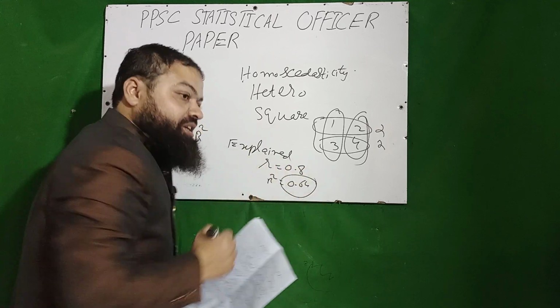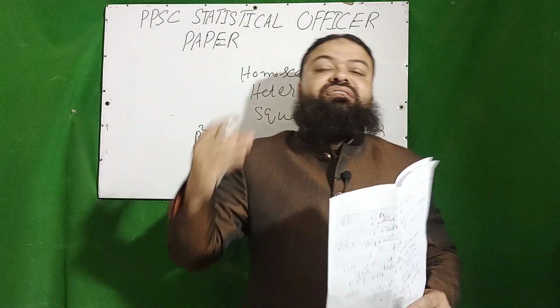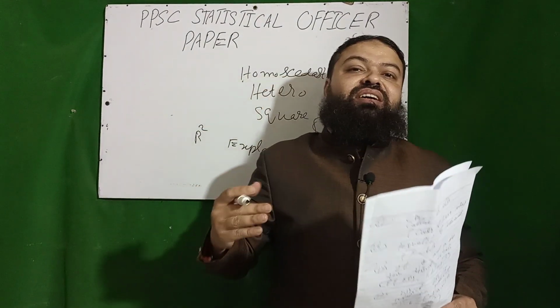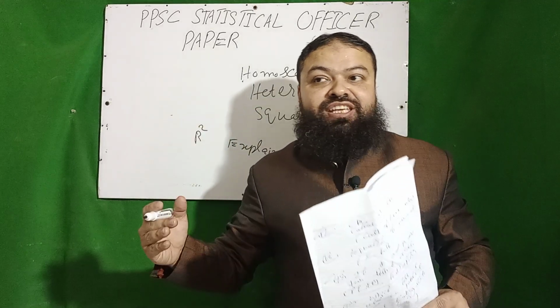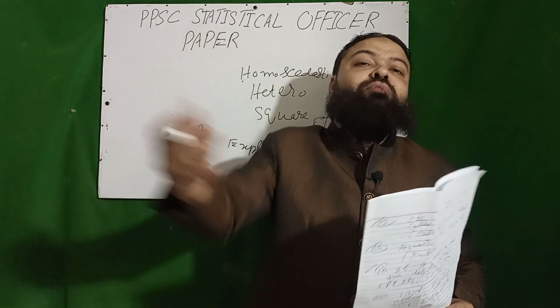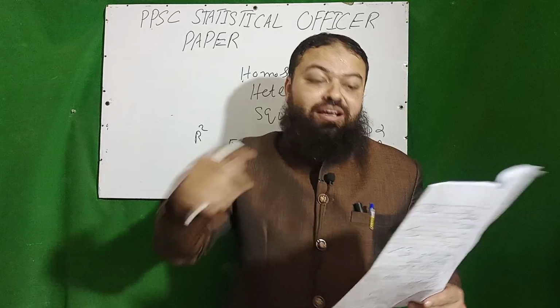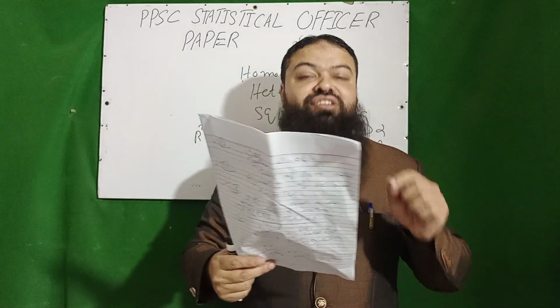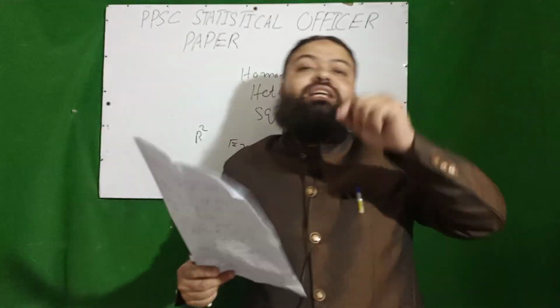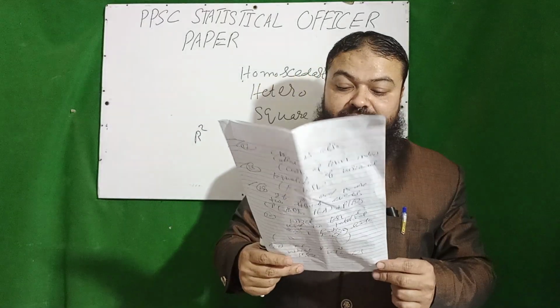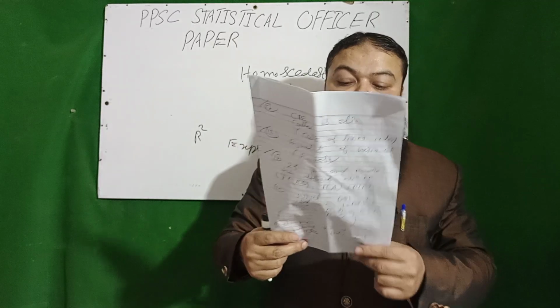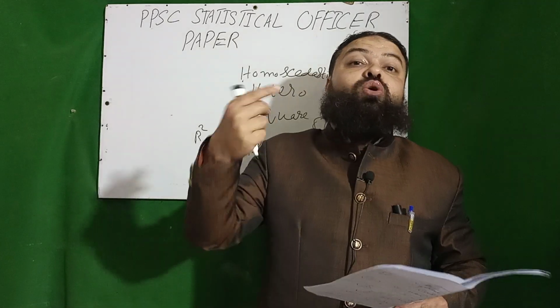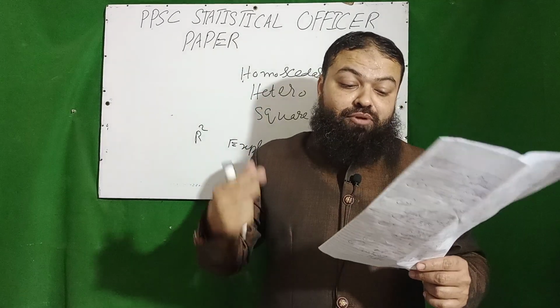And what is its interpretation? It is telling us that 64% variation is explained with the help of the independent variables for the response variable, the dependent variable. But in the paper of statistical officer the question is: R square is also called coefficient of determination, a very important one.